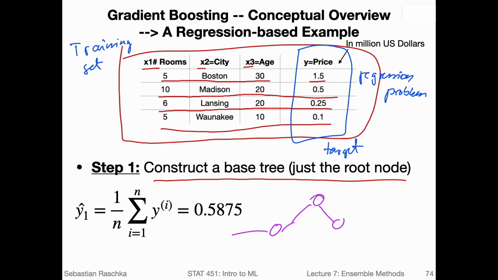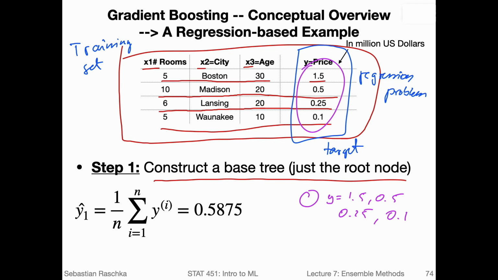Right now we only have the root node, so the root node consists of all the 4 houses in the training set, right? Because the root node doesn't split anything. The prices are 1.5, 0.5, 0.25 and 0.1, so it's this target variable here.